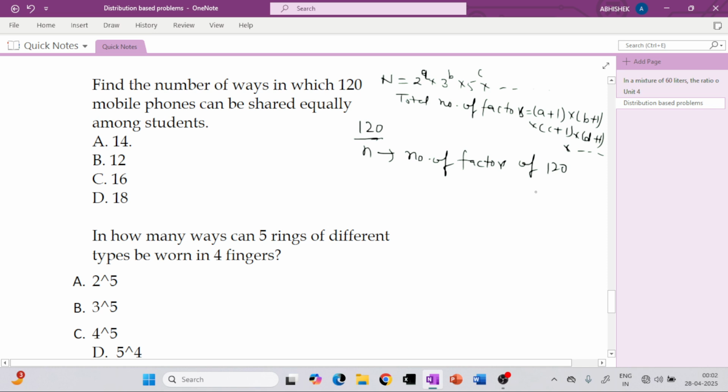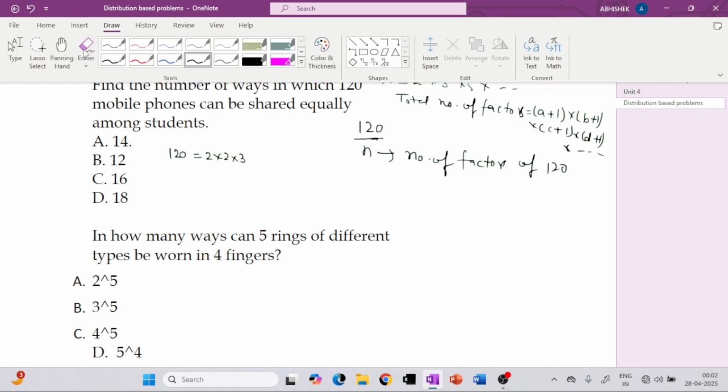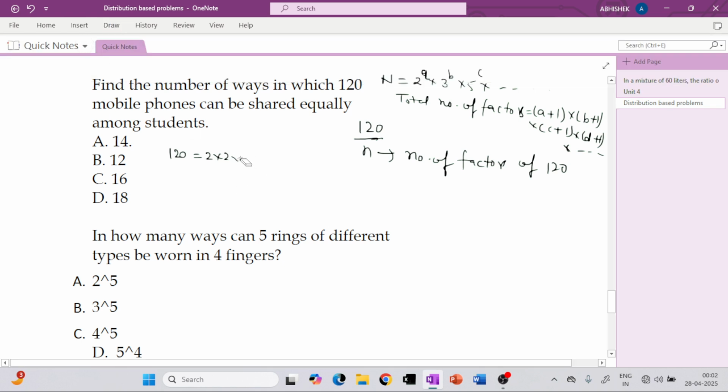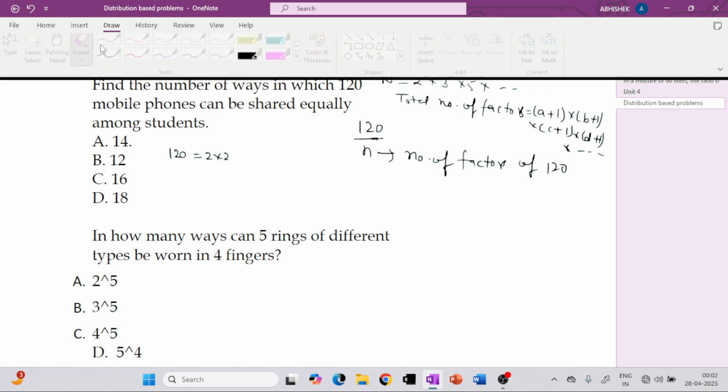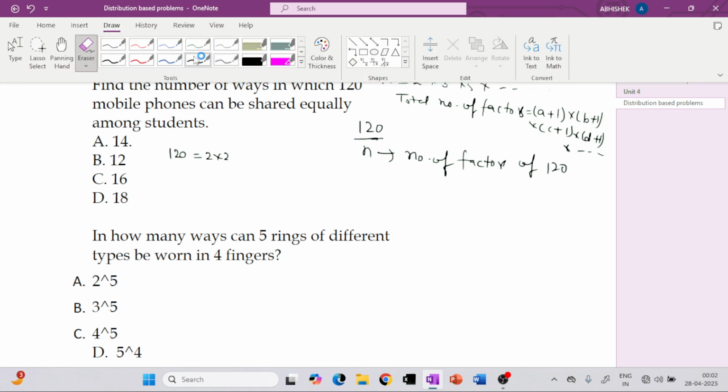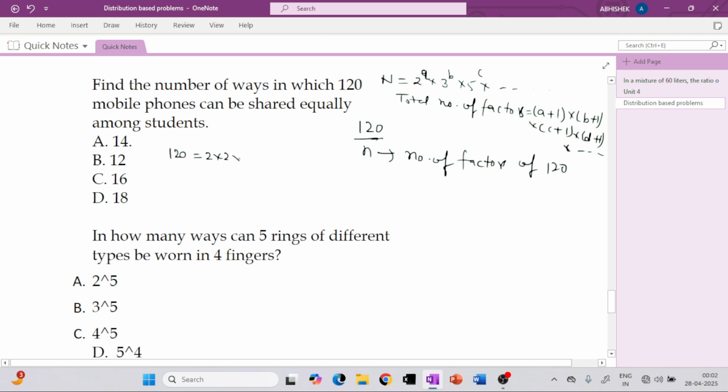So similarly we have to find the number of factors of 120. First, divide 120 into prime factors. 120 is 2 into 2 into 2 into 3 into 5.